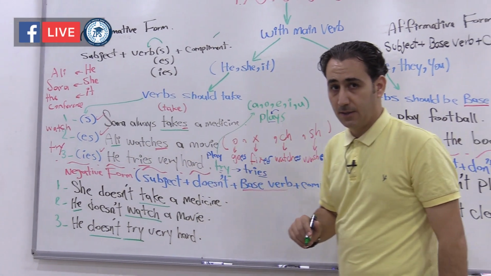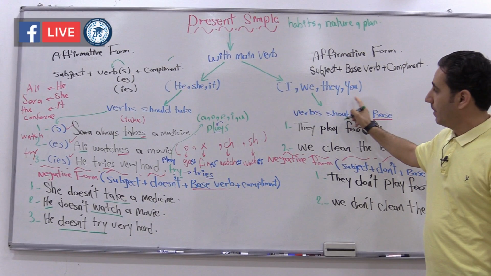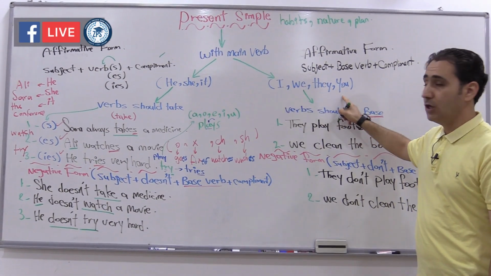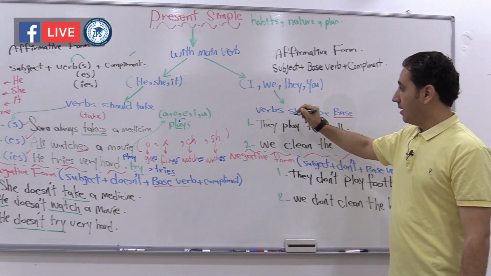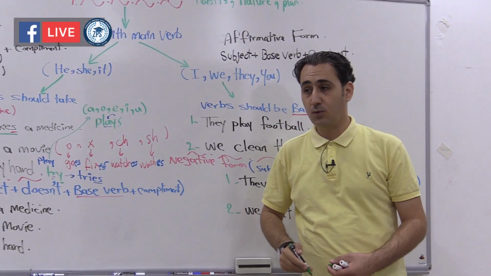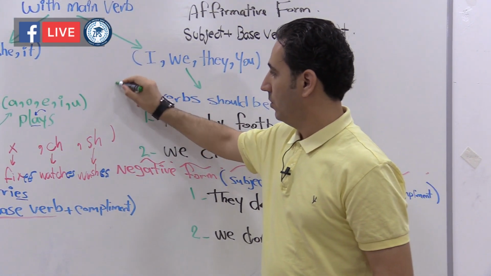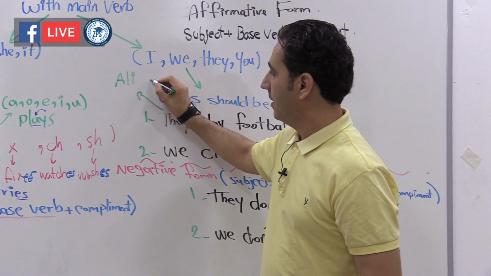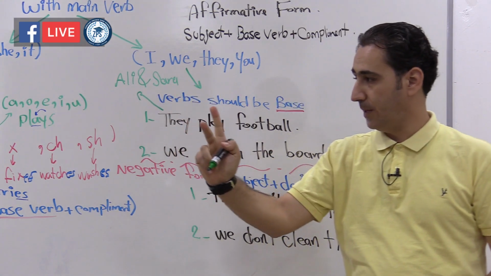So, dear students, let's move to these pronouns: I, we, they, and you. Again, instead of using they, first I should refer to the names, like Ali and Sarah. So Ali and Sarah, two persons.